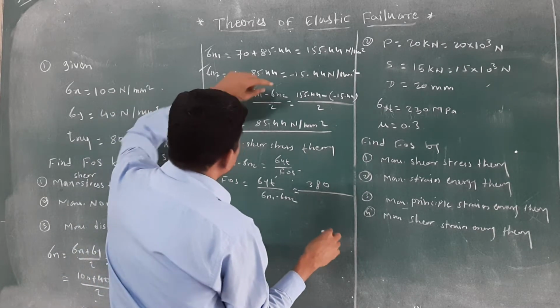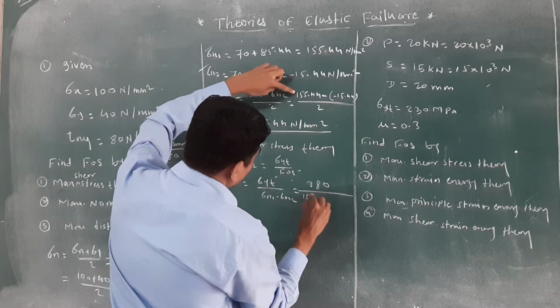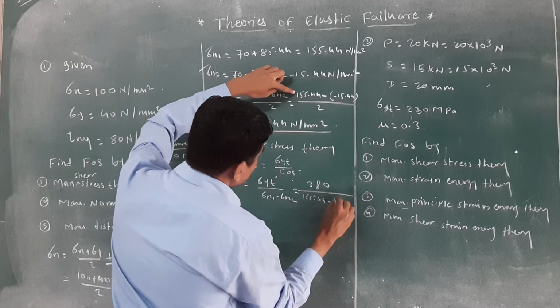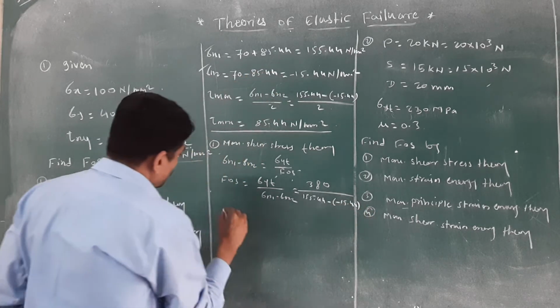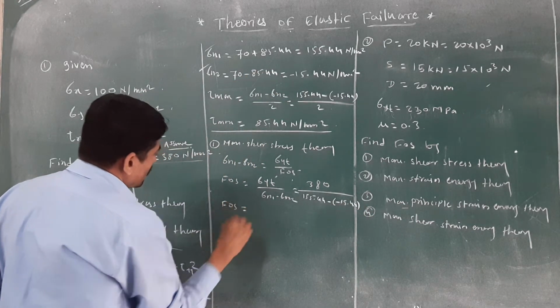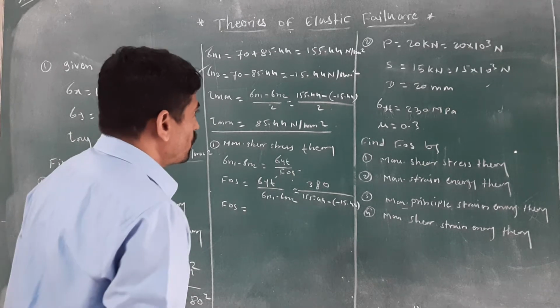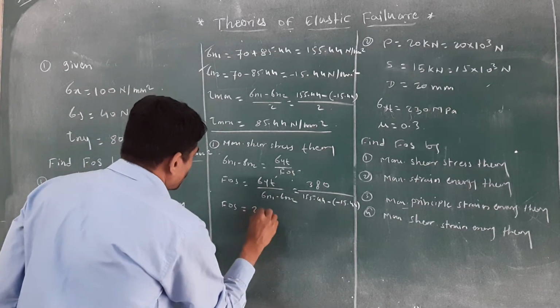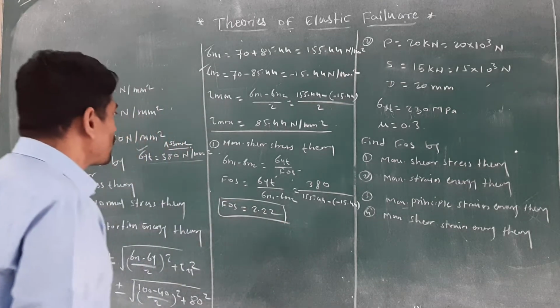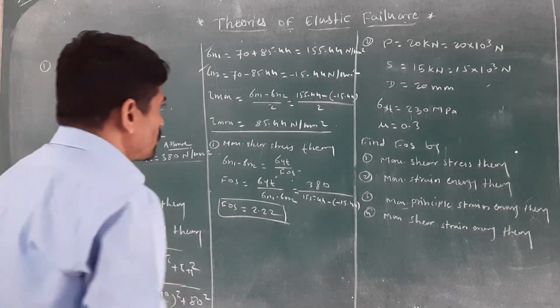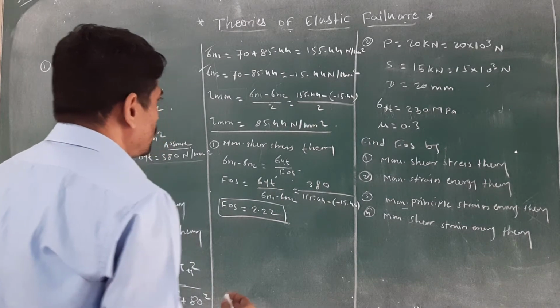Check this value. 155.44 minus 15.44. If you have calculated that factor of safety with the help of both, then you will get 2.22. Okay, this is your first answer. All of you get it? Very simple. You should remember the formula only.